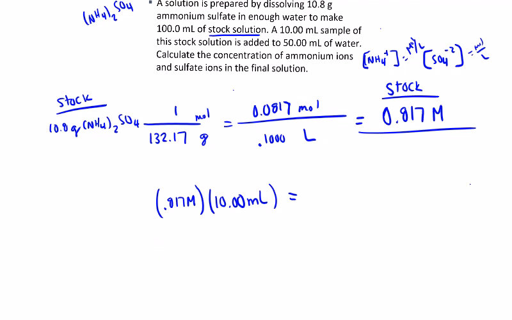Okay, so notice I took 10 milliliters of stock and I added it to 50 milliliters of water. So that gives me 60 total milliliters for my new solution. Okay, so I want to know what the concentration is for my 60 milliliter solution.